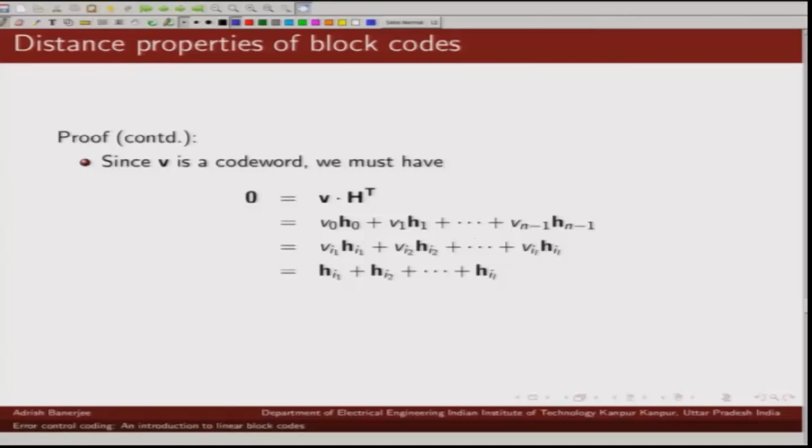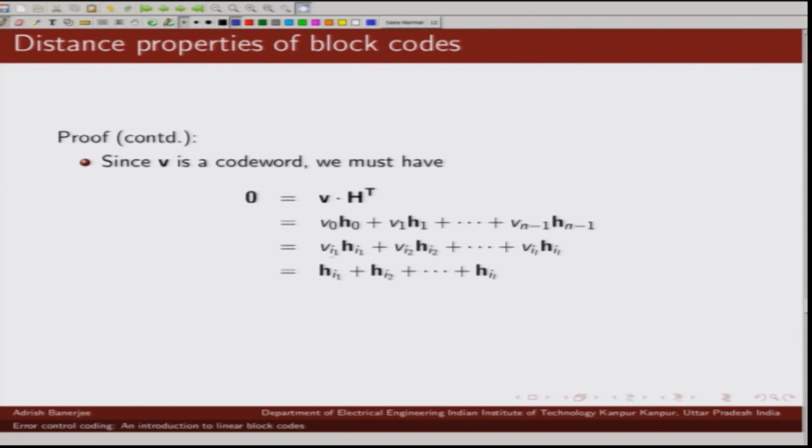So, here the only terms that we are left with are Vi1 Hi1 plus Vi2 Hi2 plus up to ViL HiL.